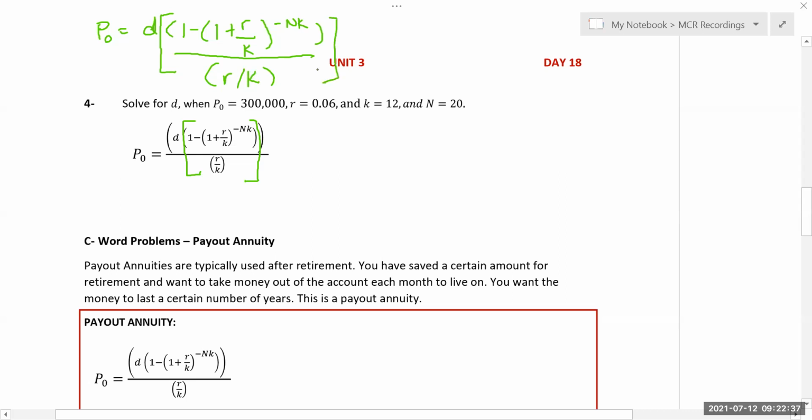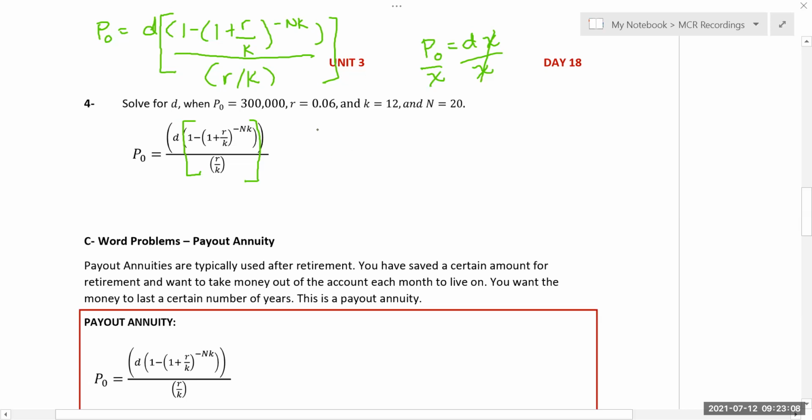And why I'm going to do that is I want to solve for D. So once I get this number in here, I'm going to divide it over into the PO. And I'm not going to try to do that all at once for a moment, but I can rewrite this D outside. So I took away these outer parentheses and rewrote it so that way I can divide it over. So now it's similar to PO equals D times just some item, where when you divide by that item, you're going to get D. That item just happens to be a little more complex.